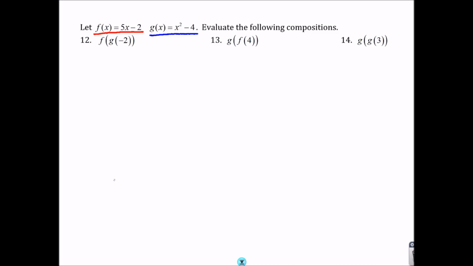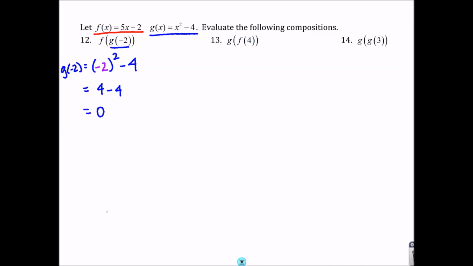So when we're talking about compositions, you're going to start by doing that. You're going to find g of negative 2. So if I start with g of x and then plug negative 2 in for x, so this is g of negative 2. Negative 2 squared is 4, minus 4 is 0.